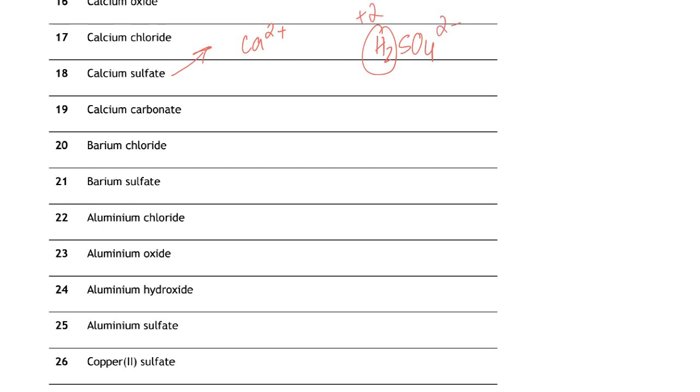So the sulfate over here has to be SO4 2 minus. Okay? Those are the charges. They're literally balanced out. Even if I cross it, it'll simplify. And it's CaSO4. Calcium sulfate.